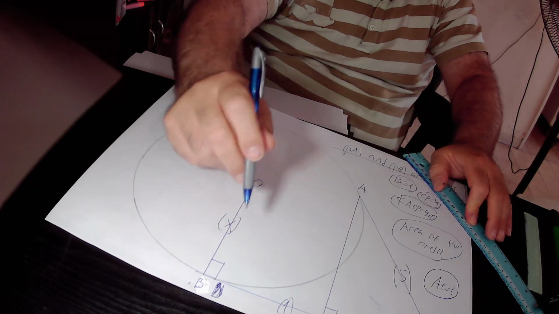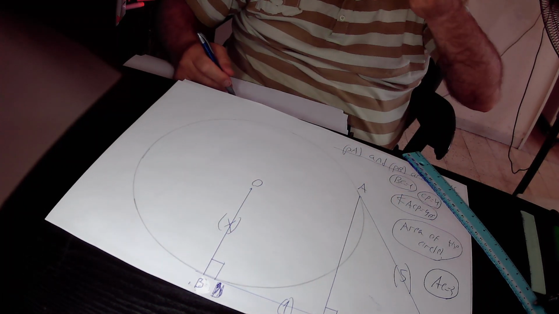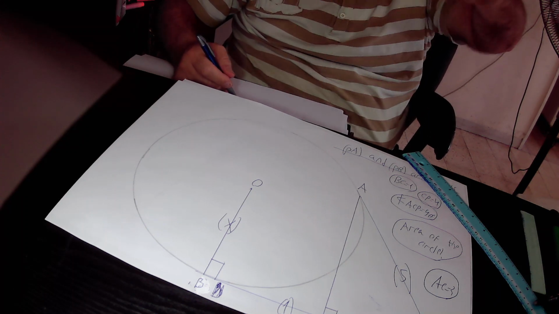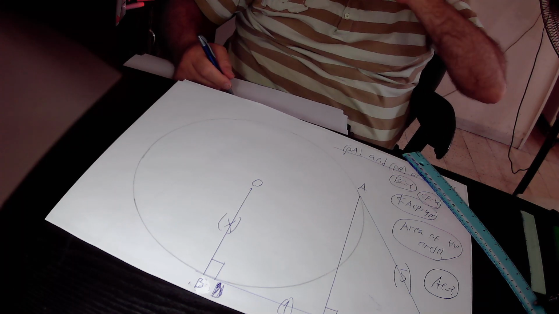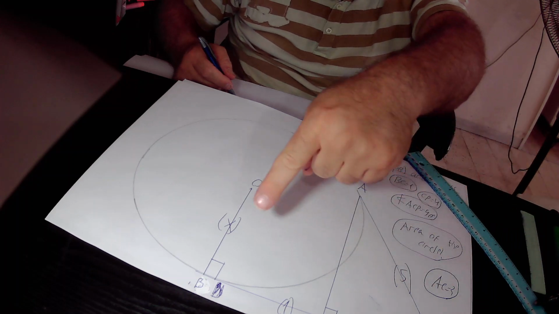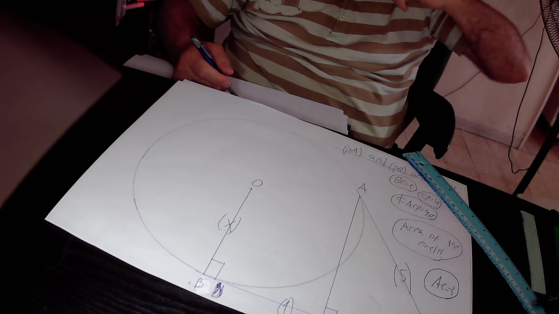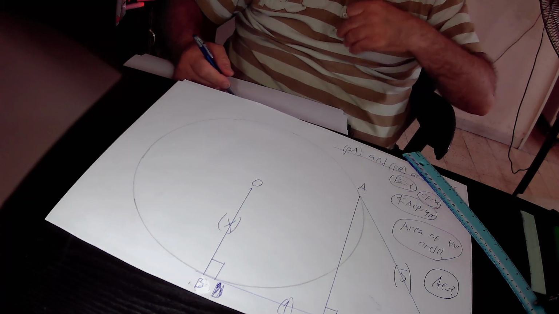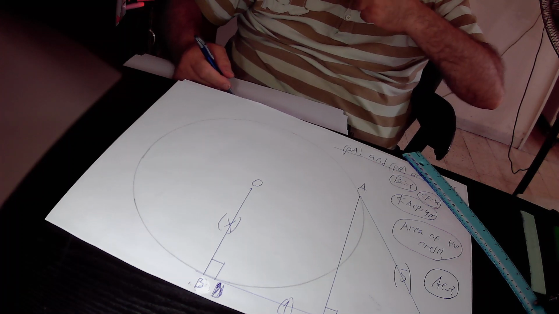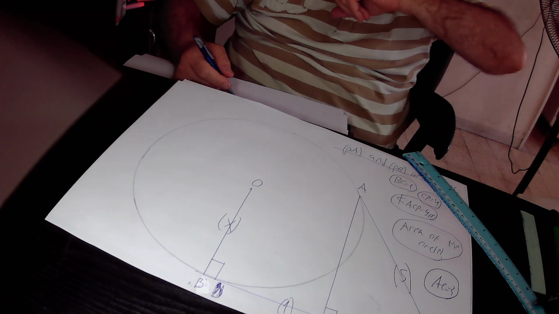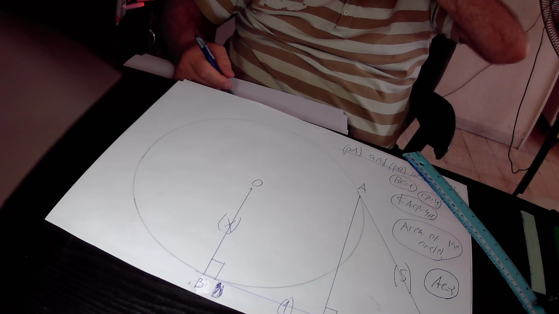It is given in the question that PB is a tangent to the circle. So PB is absolutely a straight line. If we focus on the upper side of this straight line PB at point C, the sum of the angles must be equal to 180 degrees according to rule 3. Rule 3 says that the sum of the angles on one side of a straight line is equal to 180 degrees.